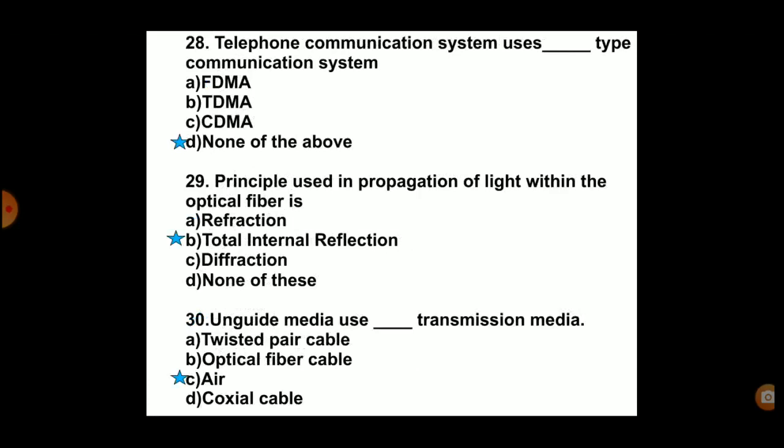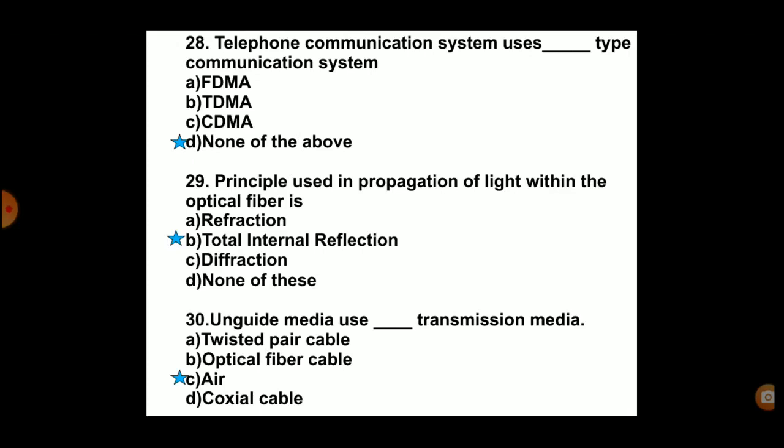Telephone communication system uses dash dash type communication system. First one, FDMA, TDMA, CDMA, none of the above. D, none of the above. Principle used in propagation of light within the optical fiber is, options are refraction, total internal reflection, diffraction, none of these.